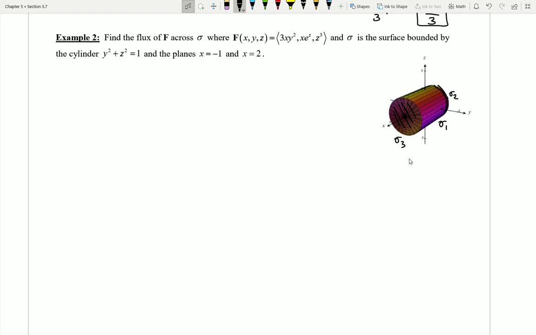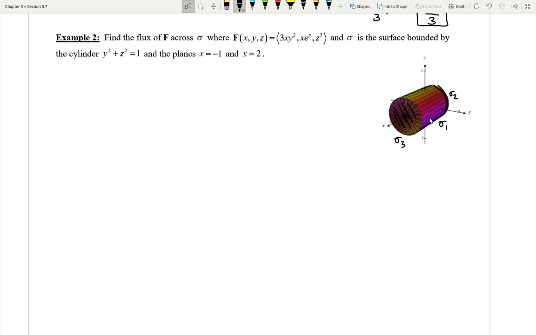And since flux was just a special kind of surface integral, we apply the same idea. But of course I can see that's going to take a lot of work. I'd have to understand which way I want to orient all these different surfaces and compute 3 different types of integrals, one for each surface, and that can be a lot of work.